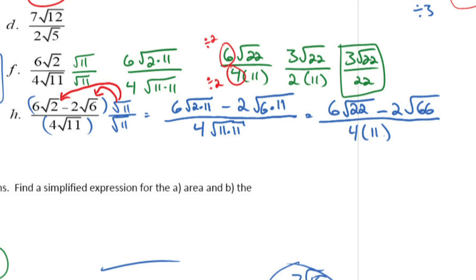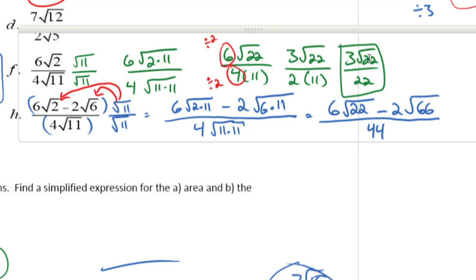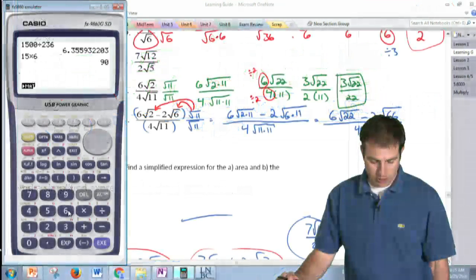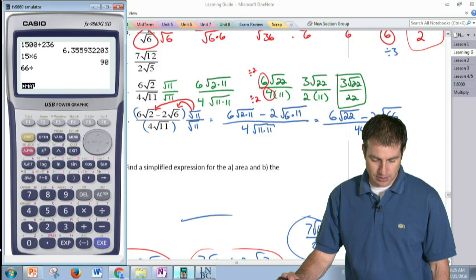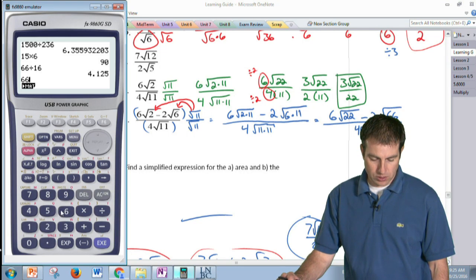You know what? I'm just going to do two steps in one here. I'm going to just write this as 44. All right, now I'm thinking this 66 likely doesn't have any perfect squares that go into it, but I should check. Let's go 66 divided by 16. Nope. 66 divided by 4.